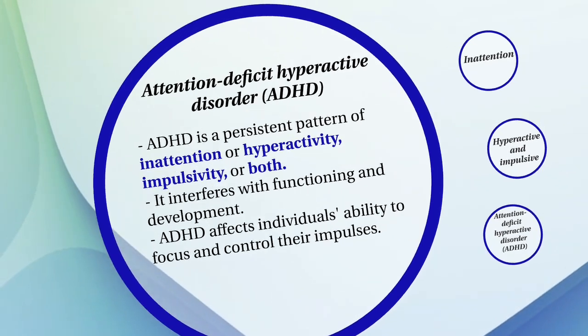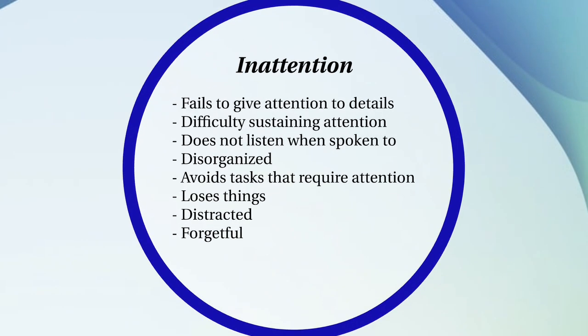So let's take a look at the inattention type. You need to know the three types and what they look like. Right now we are discussing ADHD inattention. Those are the kids, or usually kids, that can be adults as well, that fail to pay attention to details. They have difficulty sustaining attention, do not listen when spoken to, are disorganized, and avoid tasks that require attention.